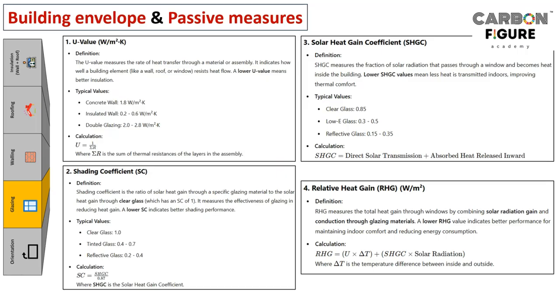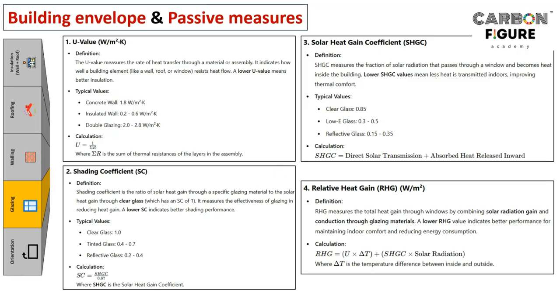Next, we have SHGC, the solar heat gain coefficient. It says the fraction of solar radiation that passes through a window and becomes heat inside the building. Lower SHGC values mean less heat is transmitted indoors, improving thermal comfort.